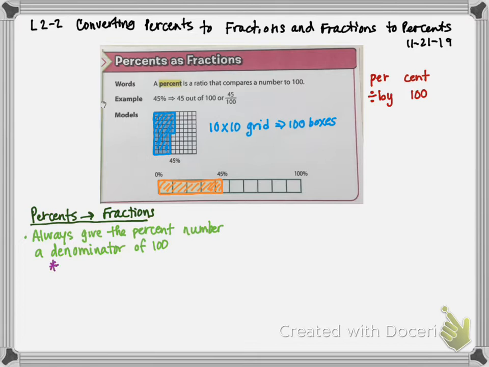I'm going to drop off the percent sign. It's not going to stay anymore. Once I change it into a fraction, I've already used the word percent in a different way. So drop off the percent symbol. Now you're just going to simplify your fraction. So that's how I take any percent and change it to a fraction.